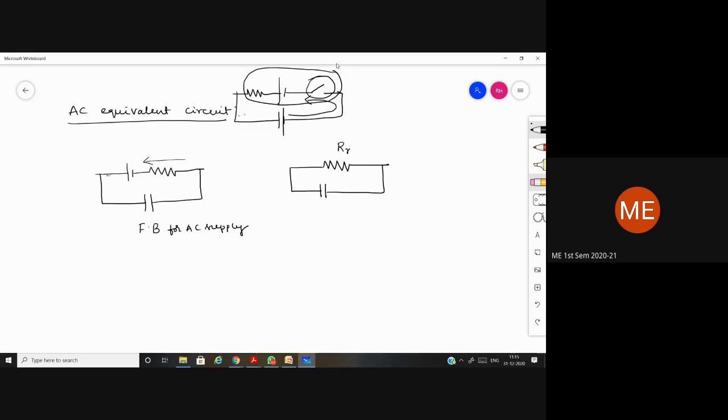So it will be the maximum reverse resistance. That's why we will not even write this battery or this switch or anything, because this itself is maximum. Then there is no reason to write all those components. But in the forward bias condition, we are going to write a battery along with the resistance.